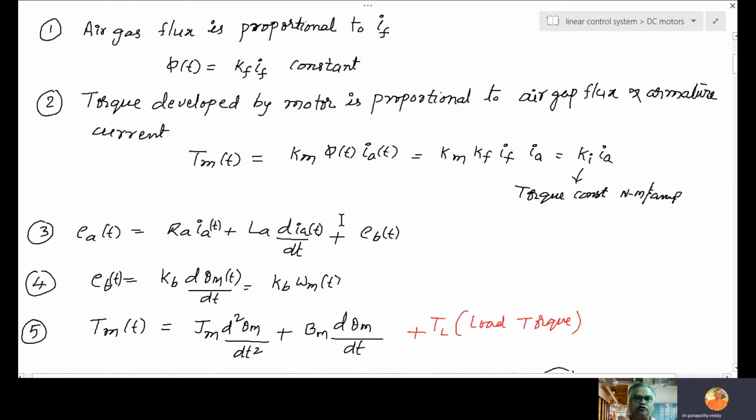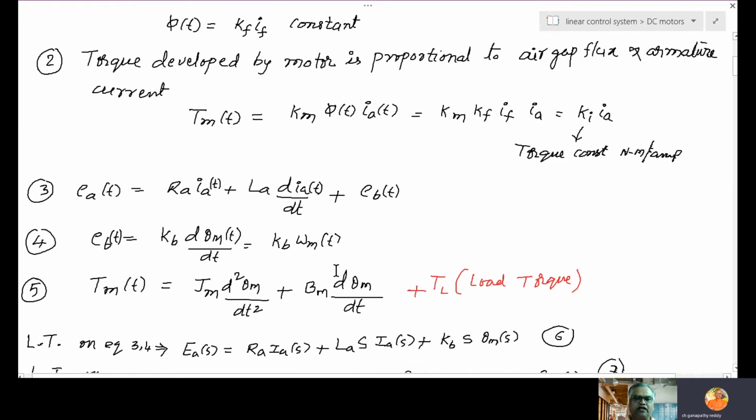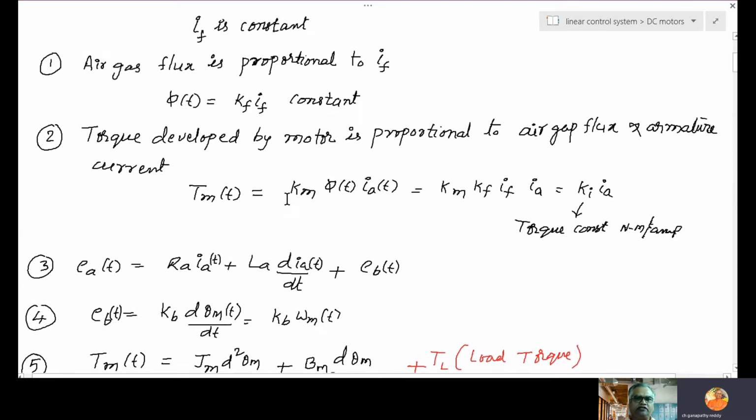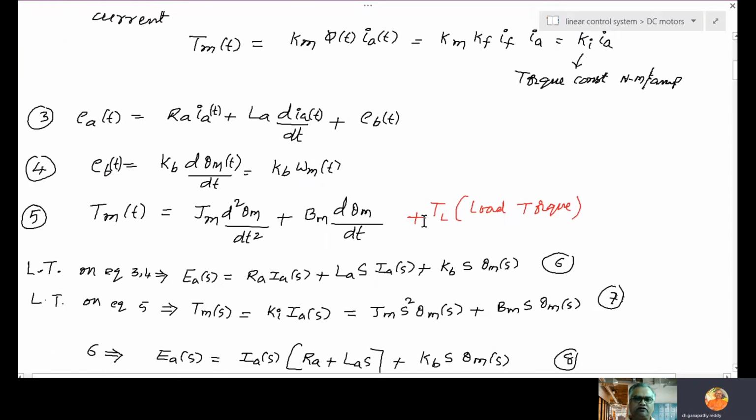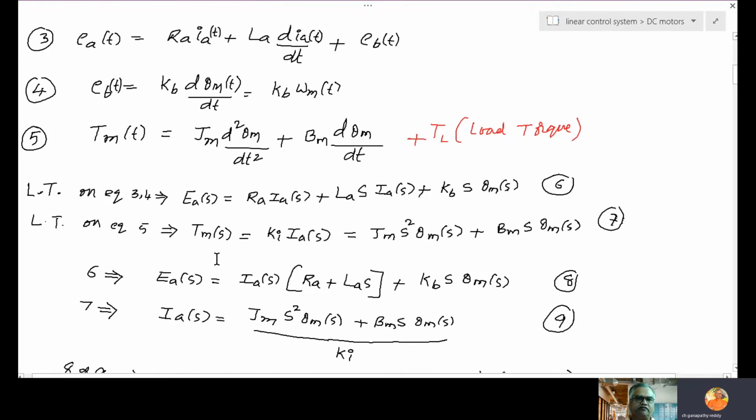Now, what is the output of this system? Output is the angular displacement, theta m of t. And the input we are applying is the voltage Ea. This ratio is called the transfer function.